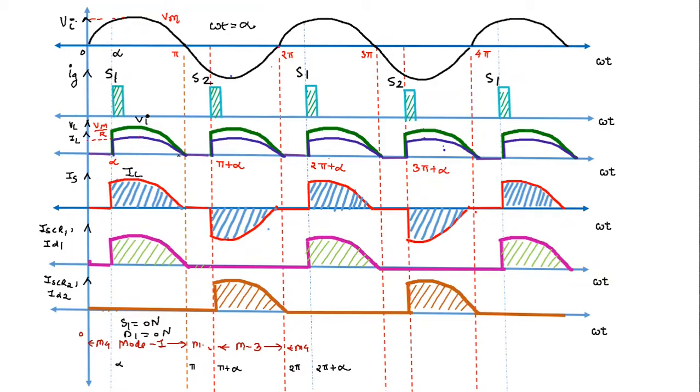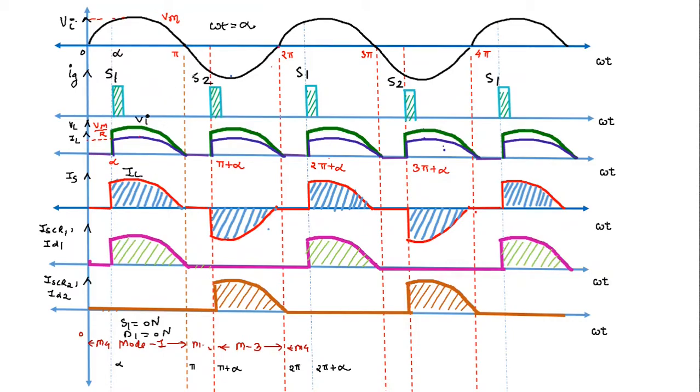So whatever the waveform of the load current, the same waveform will come for the SCR1 current and diode 1 current. Since SCR2 and diode D2 are off, they will not conduct current, so we will take it as 0 here in the first mode of operation.